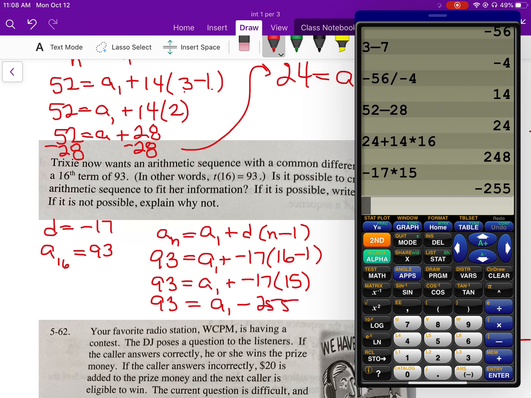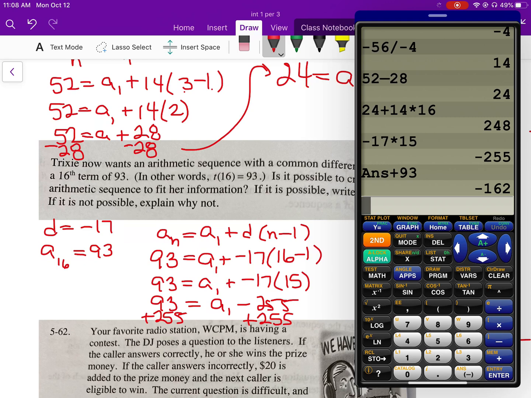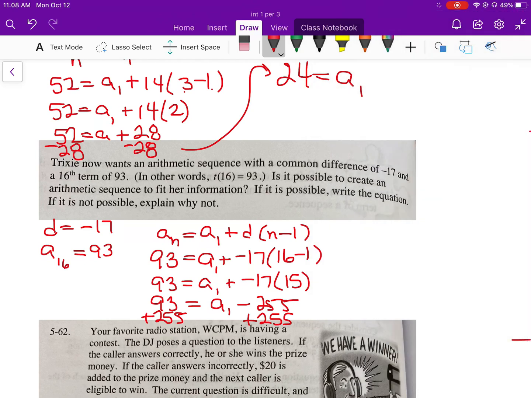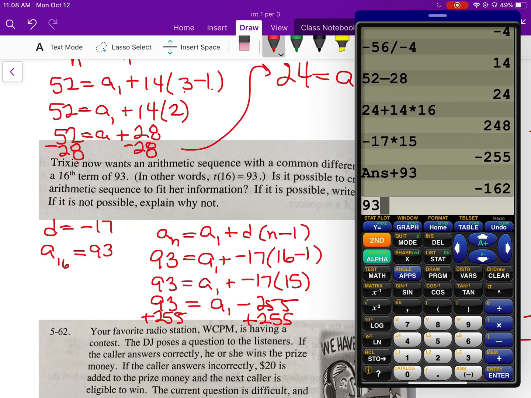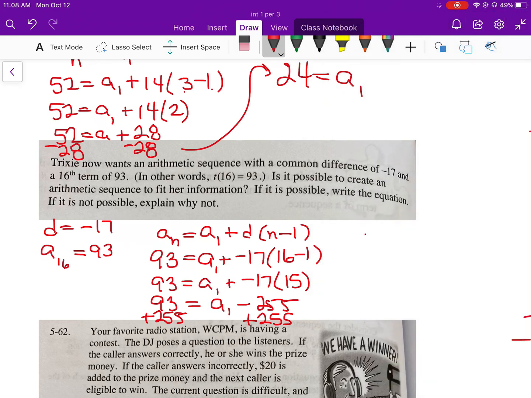So add 255 to both sides. Hold on. 93 plus 255 is 348. Can a sequence start at 348? Yeah, 348 is a valid value.